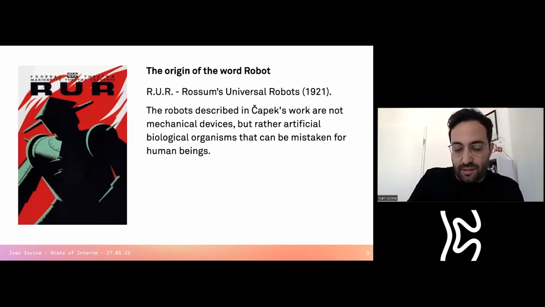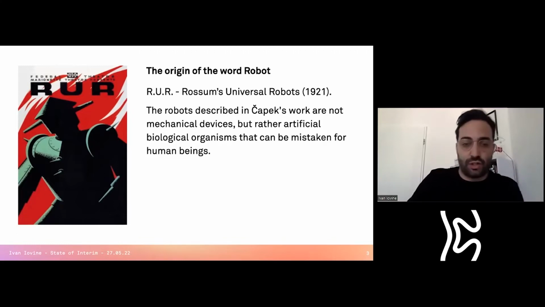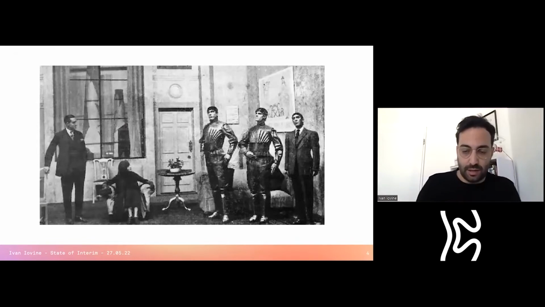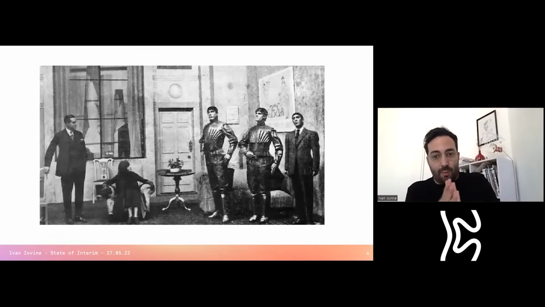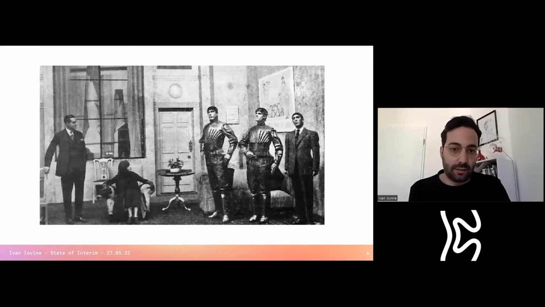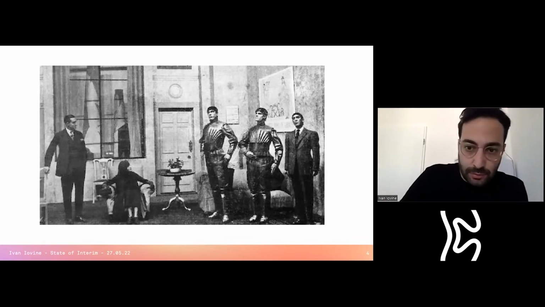That's really interesting, because stories and books related to cyborgs basically come from the vision of Karel Čapek. Here is a picture of the robots in this piece of Karel Čapek. They are these three men on the right. So robots were literally artificial human beings that looked like normal people.